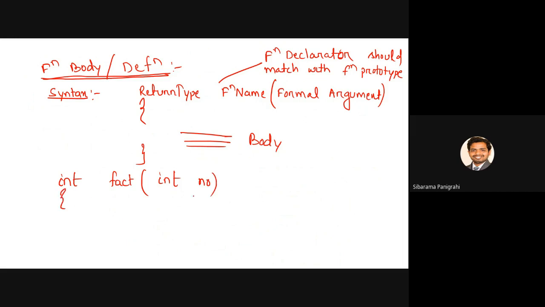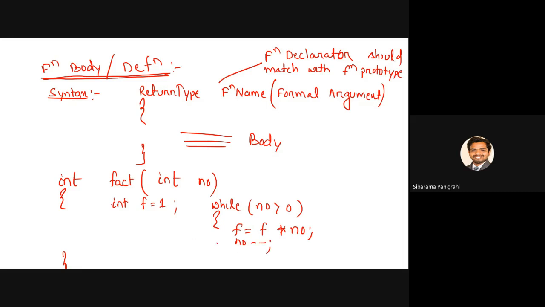Now I need to find the factorial of number. Here I can declare a variable int f equal to 1. Then I will write while number is greater than 0, f equal to f into number, then number minus minus.